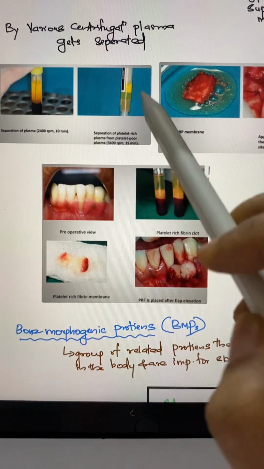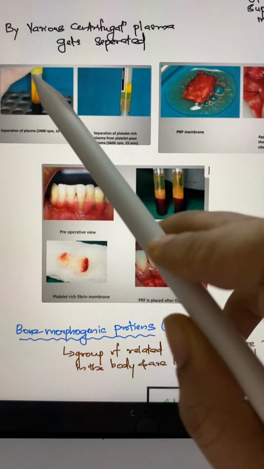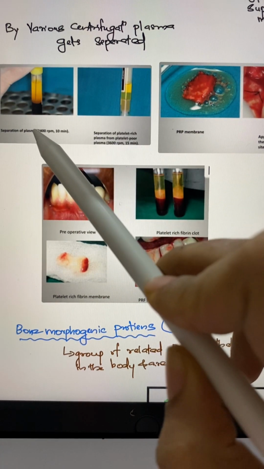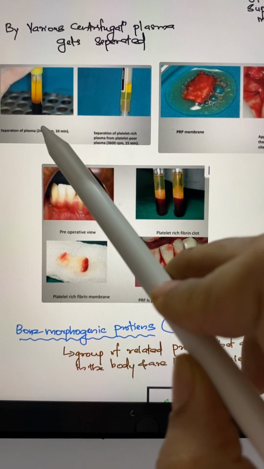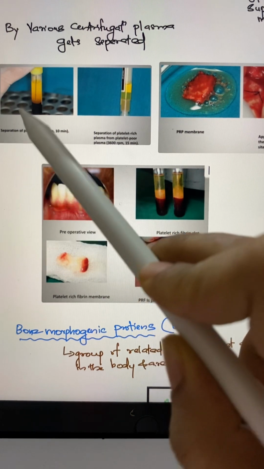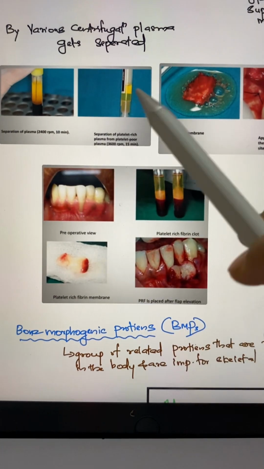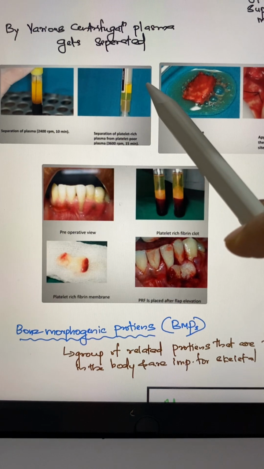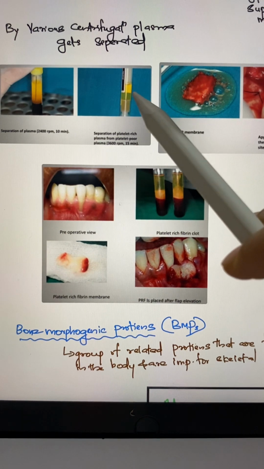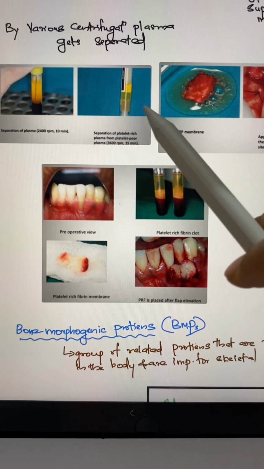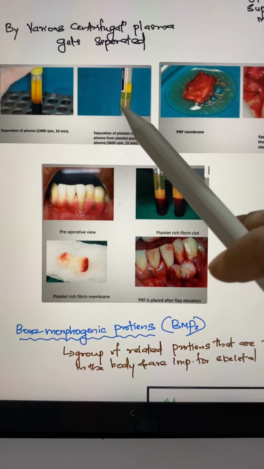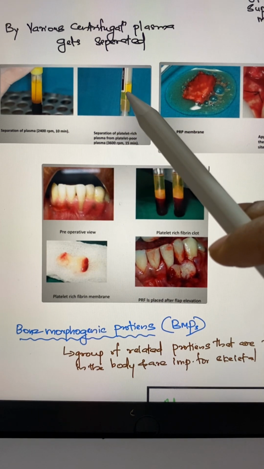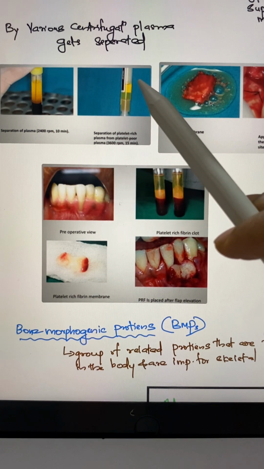If you see the picture, this is how they separate the plasma, at around 2400 RPM, and separate the platelet rich plasma from the platelet poor plasma. At the lower level you can see the RBC, above that the platelet rich plasma, and the topmost layer is the platelet poor plasma.